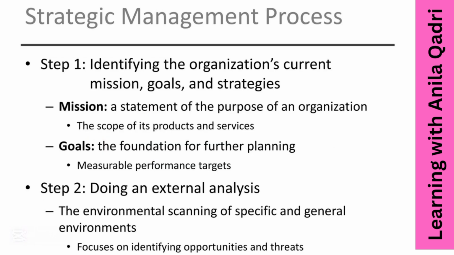Alright, now we are going to discuss the strategic management process step by step. Step 1. Identifying the organization's current mission, goals, and strategies. What is mission? A statement of the purpose of an organization, the scope of its products and services. What are goals?